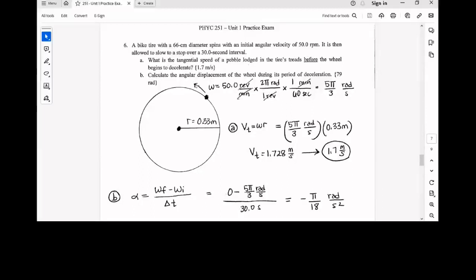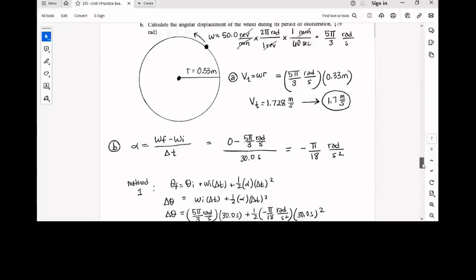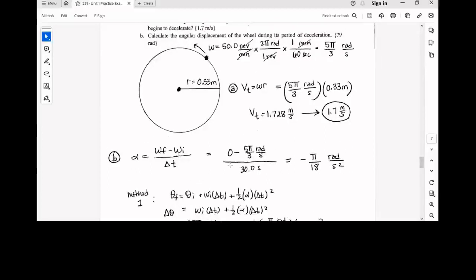Next, for part B, calculate the angular displacement of the wheel during its period of deceleration. So I know it takes 30 seconds to come to a stop. I don't have the angular acceleration value, but I can figure that out because I have the initial angular velocity in the appropriate units, 5 pi over 3 radian per second, and I know that eventually the final angular velocity is going to be 0.